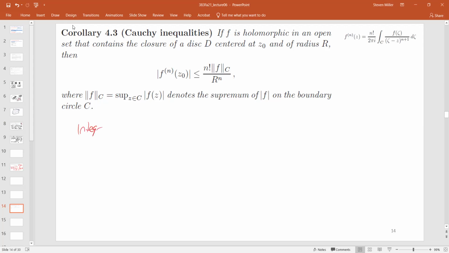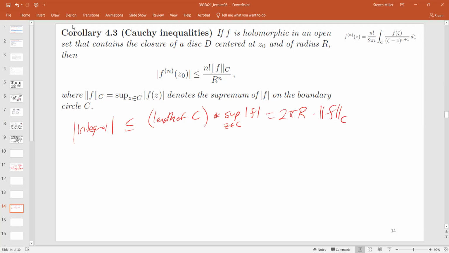So the integral in absolute value is less than or equal to the length of c times the supremum of the value of f on c. I'm just caring about the integral. And so what's the length of c? 2 pi r. And the supremum we're just denoting by f of c.